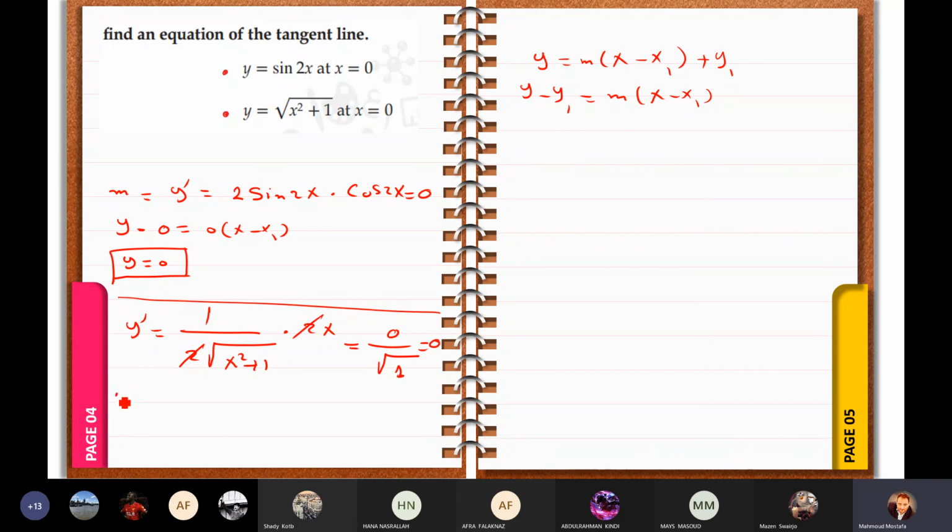M is 0. Y minus y1 equal m x minus x1. How to find y1? Substitute by x equals 0 here. Y equal square root of 0 squared plus 1 equals 1. So y minus 1 is equal to 0. It means y equals 1. No need to substitute here because m is 0, so all will be 0.